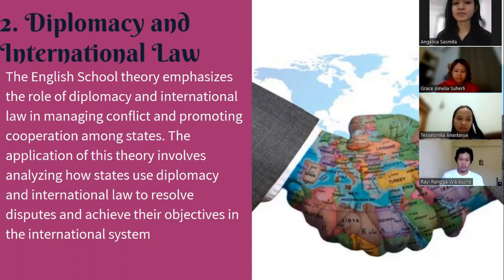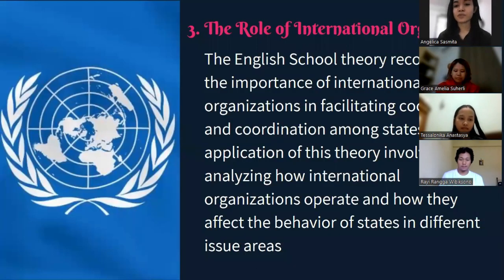And the next, the role of international organizations. So the English school theory recognizes the importance of international organizations in facilitating cooperation and coordination among states or nations.